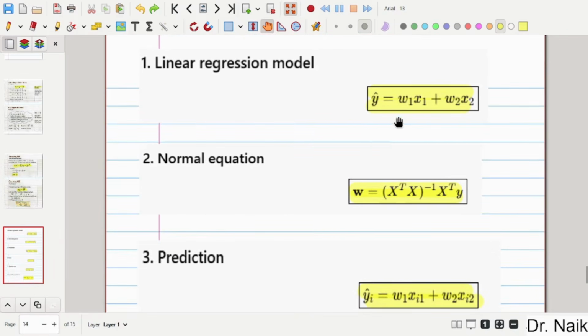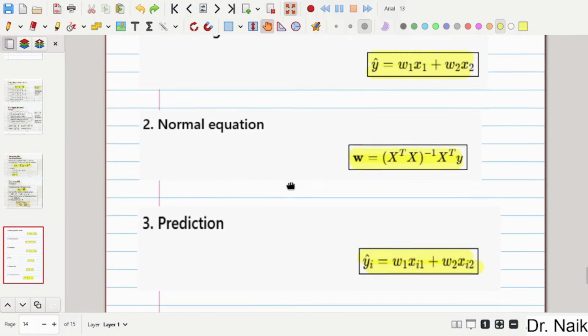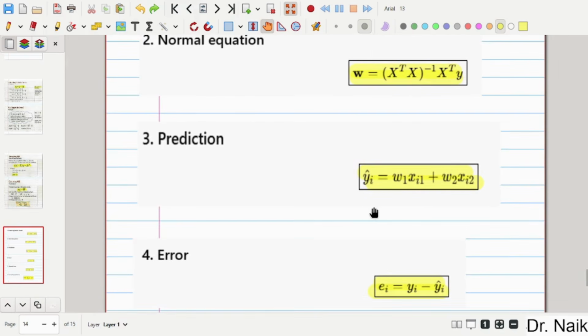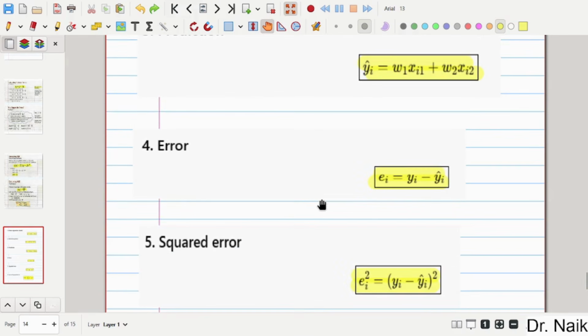Let's see some important formulas. The y hat is equal to w1x1 plus w2x2, that is given in our equation. The normal equation for w is the inverse of x transpose x multiplied by x transpose y, and prediction y hat i is equal to w1 xi1 plus w2 xi2, and error is calculated by yi minus y hat i. yi is the actual value and y hat is the predicted value.